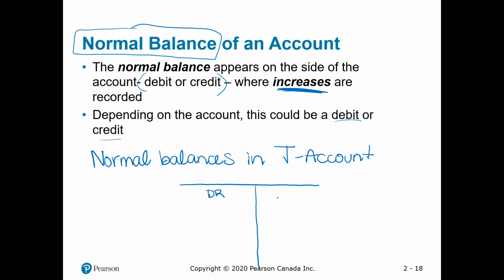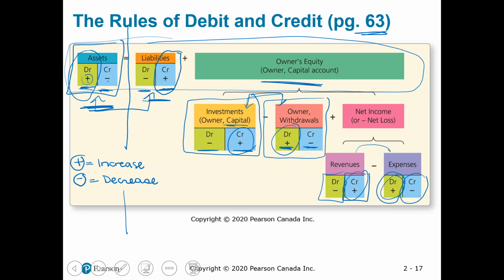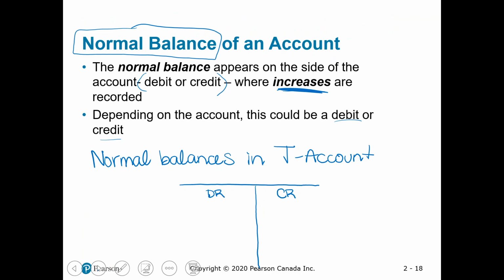Obviously, debits are always on the left, credits are always on the right. So that's very important. And if we go through all of our accounts with normal balances as debits, so where they increase, are the assets, our withdrawals, and the expenses.